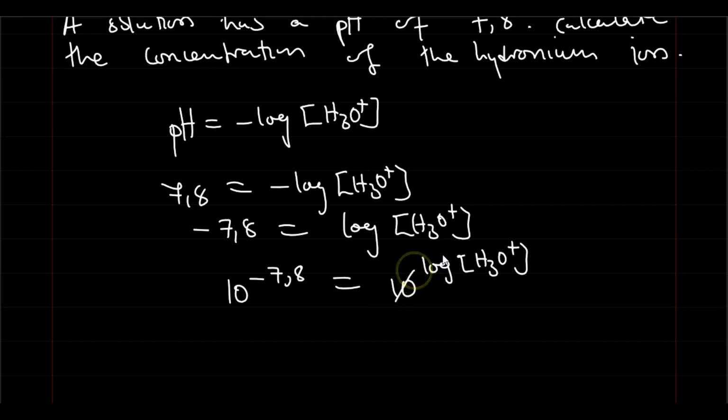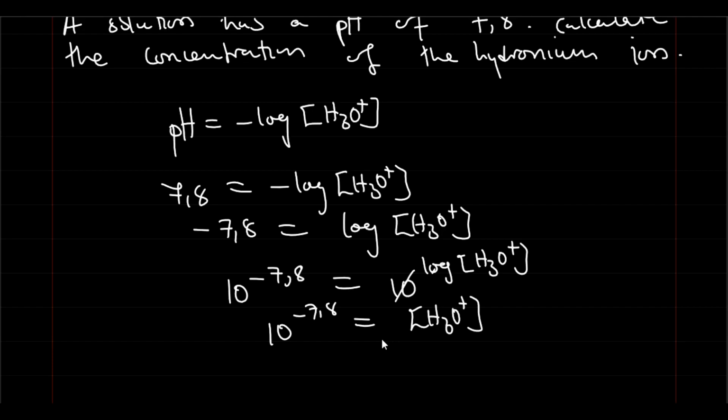But these are inverses, so they cancel out, and we have what is inside the log. So I have 10 to the power minus 7.8 is equal to concentration of hydronium.